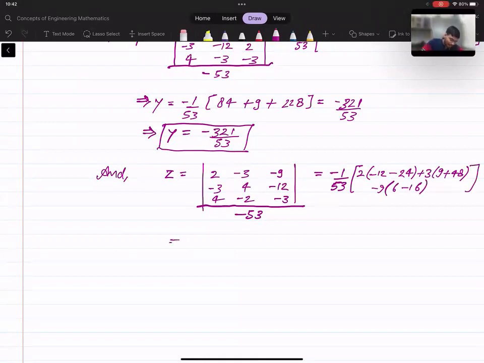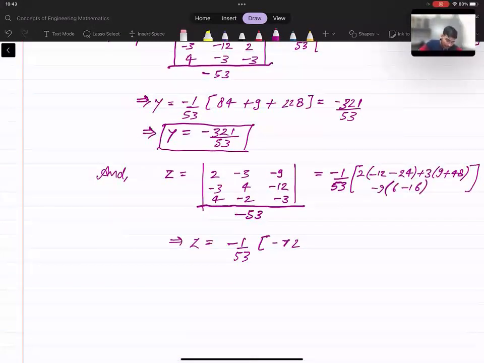So upon solving this, we get the value of z as minus 1 over 53 into, this will be minus 36 into 2, so this is minus 72, and again we have 3 into 57, so this is positive, so plus 3 7s are 21, carry 2, 171, and this will be minus 10 into minus 9, so plus 90.